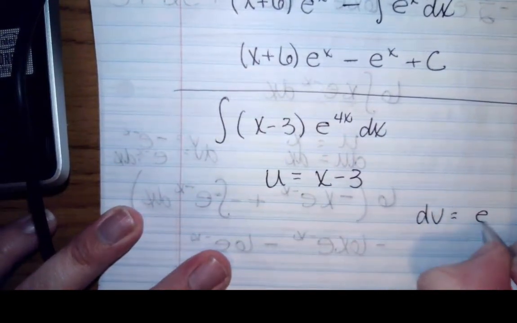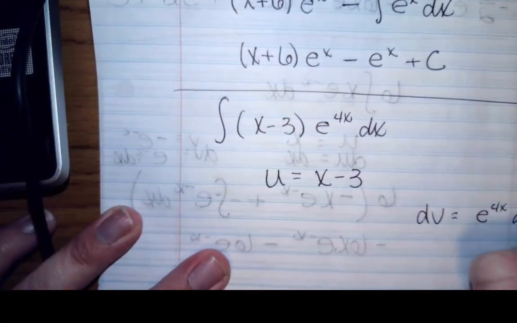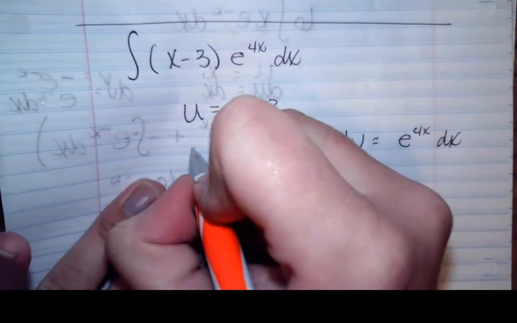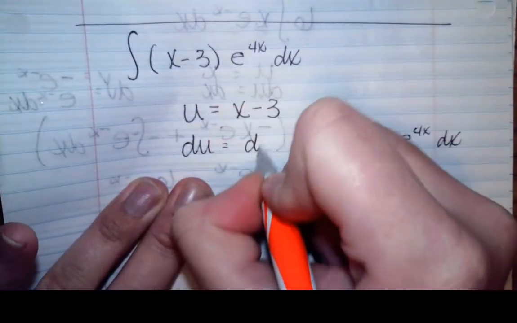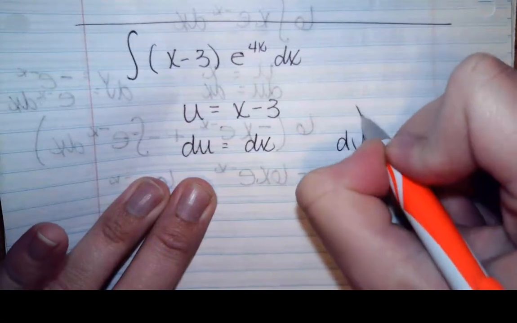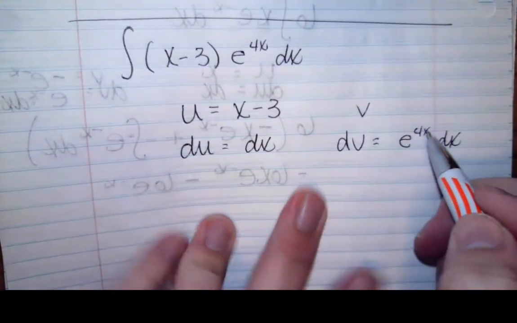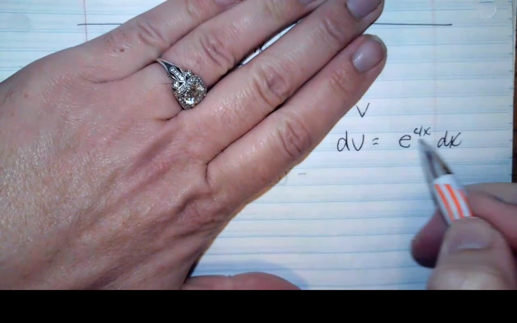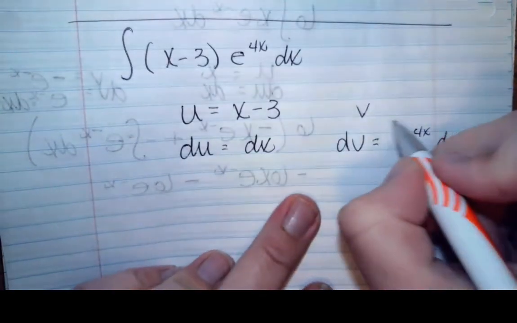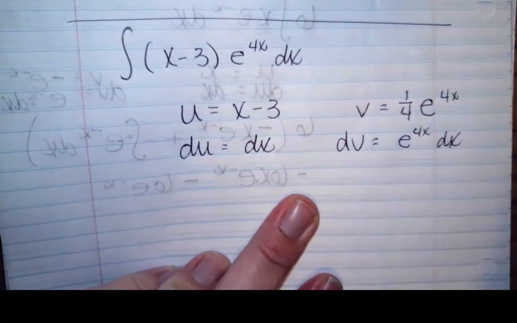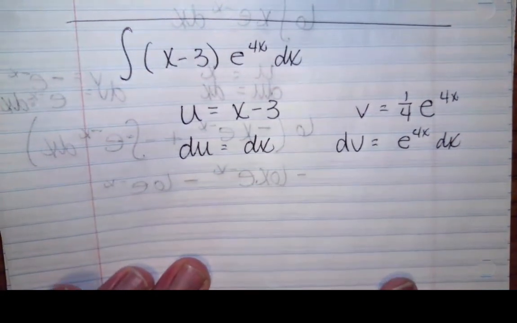My dv is going to be e to the 4x dx. So what's your du? My du is 1 dx. My v, I need to balance. If I was just doing this, my u would be a 4, so I would need to balance with a 1/4. And then I would get e to the 4x.